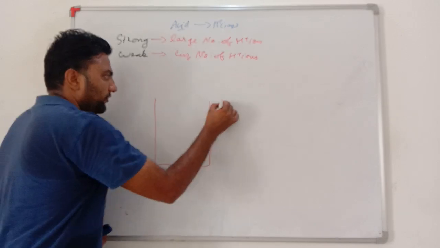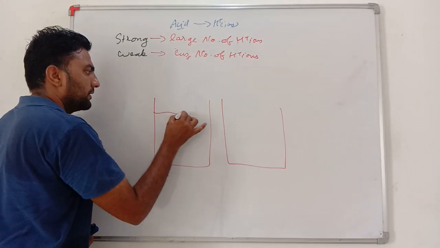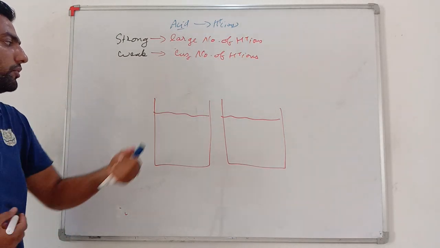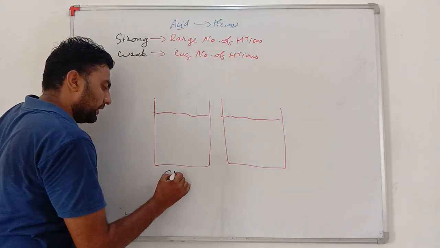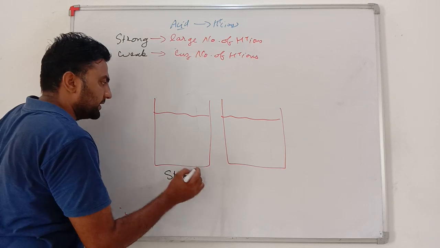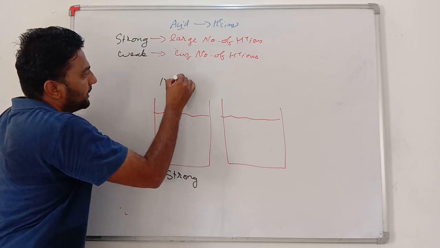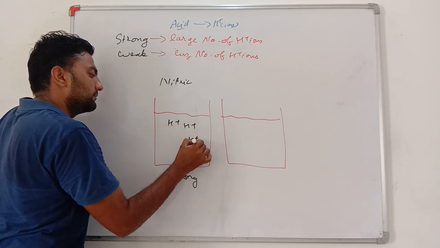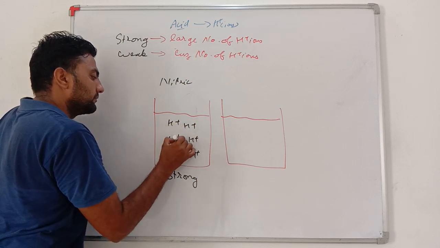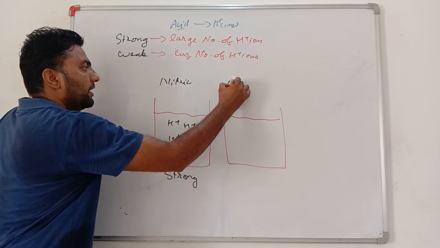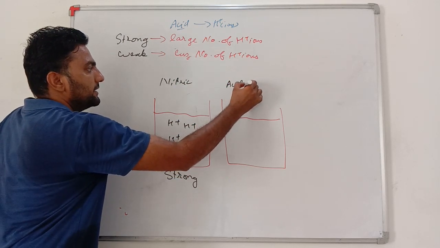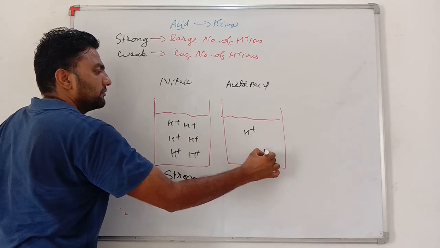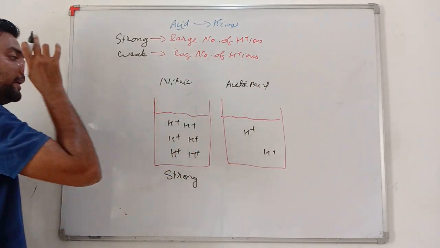We will see how. Let's take two different beakers having water in them. This is pure water, both of them. In this, I am adding strong acid. Let's take nitric acid. It gives me H plus ions. And if I am adding acetic acid in this, it also gives H plus ions, but less than nitric acid.